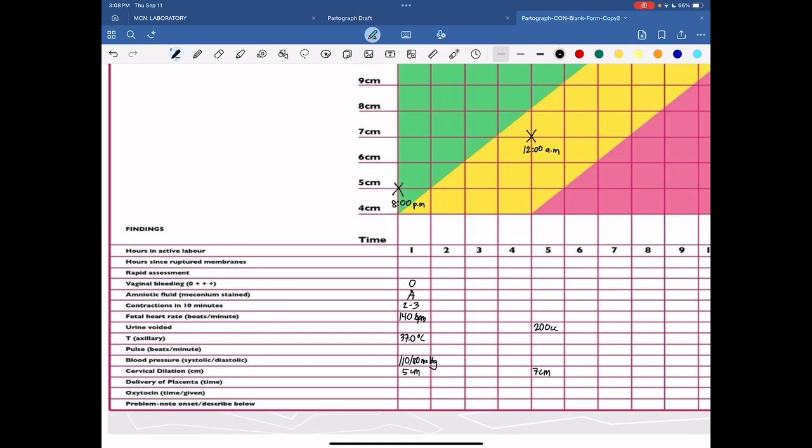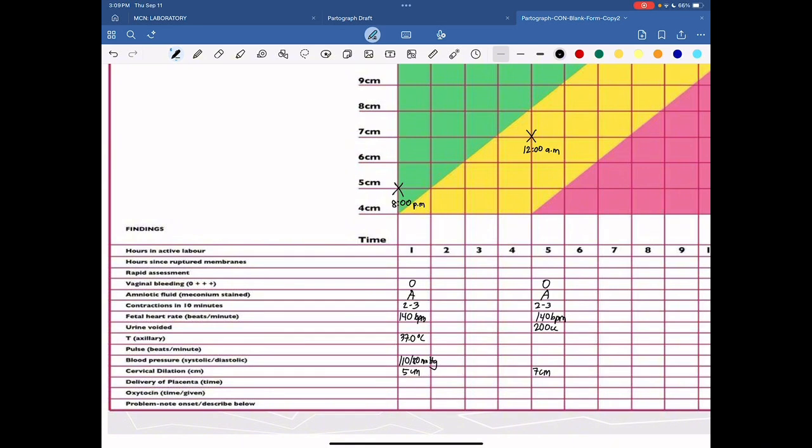So there was no vaginal bleeding. The amniotic fluid was absent. Contractions were not mentioned, so assuming the contractions are the same, since it was mentioned that everything was the same. Fetal heartbeat was 140 beats per minute.